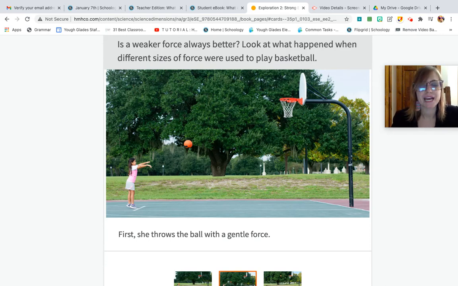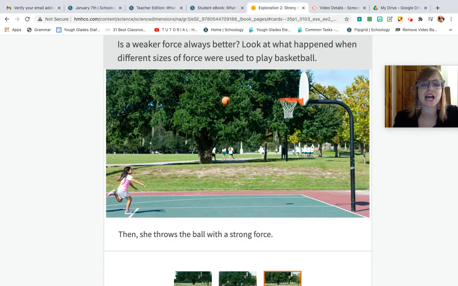What do you think about that? Gentle force. Is a weaker force always better? Let's see what happens when she applies a stronger force. It says then she throws the ball with a strong force. I'm not sure if she's going to make that basket, but it looks a lot better than the first one. She's aiming to shoot that ball in the basket.